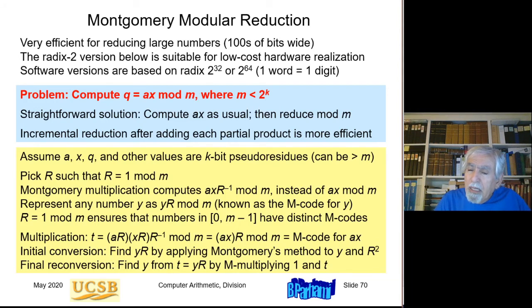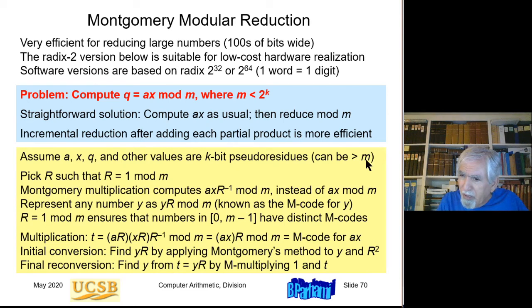Okay, so in order to multiply a by x modulo m, let's assume that a, x, q and other values are k-bit pseudo-residues. In other words, they're not real residues mod m, but they can be greater than m.